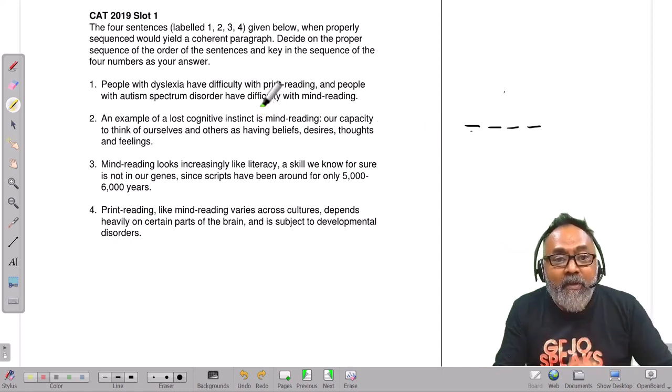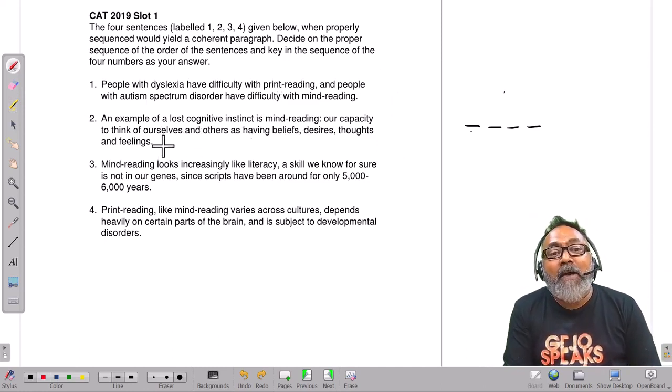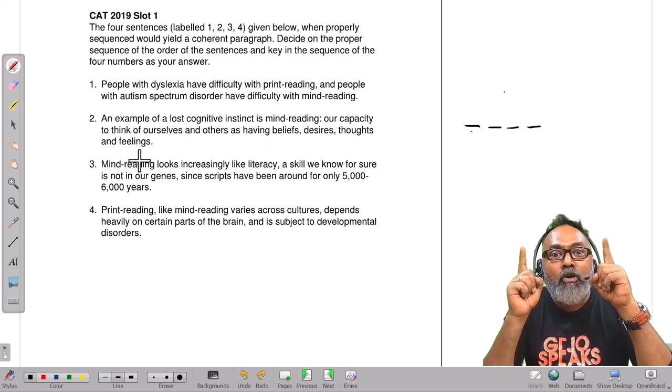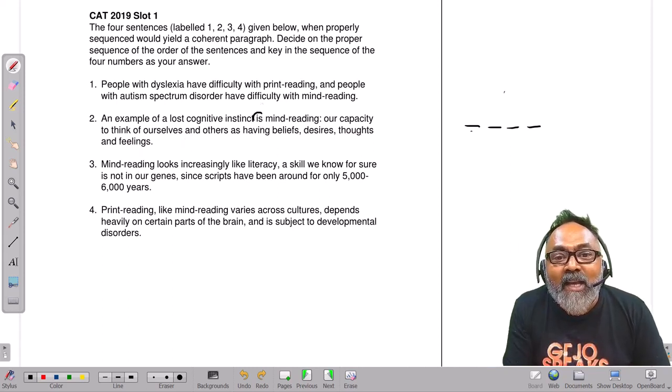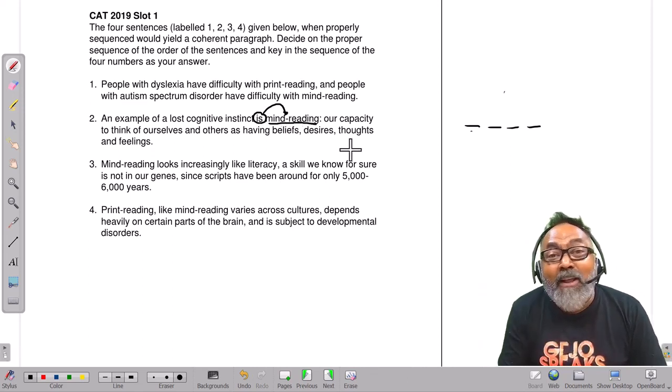Okay. An example of a lost cognitive instinct is mind reading, our capacity to think of ourselves and others as having beliefs, desires, thoughts, and feelings. Oh, this is where mind reading is getting introduced, and that is absolutely clear, because a particular definition is also given.